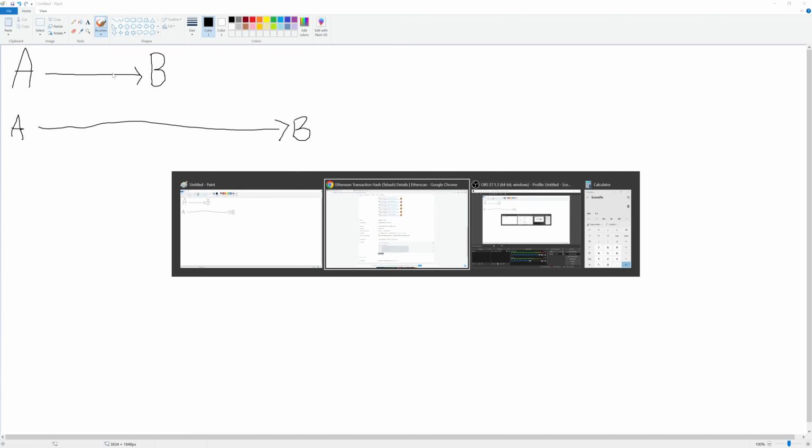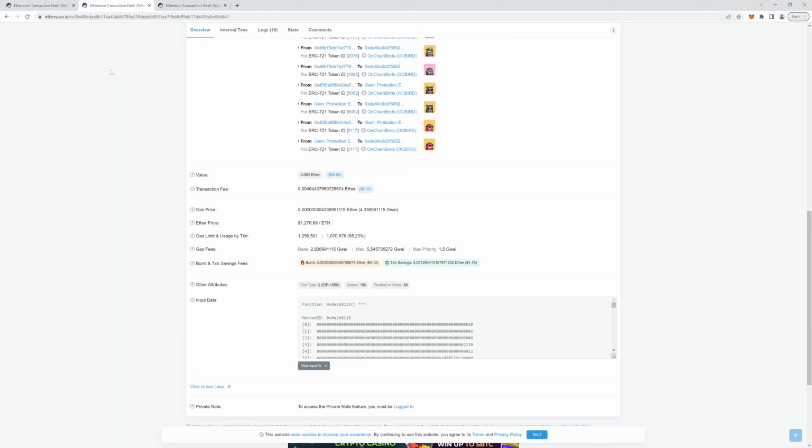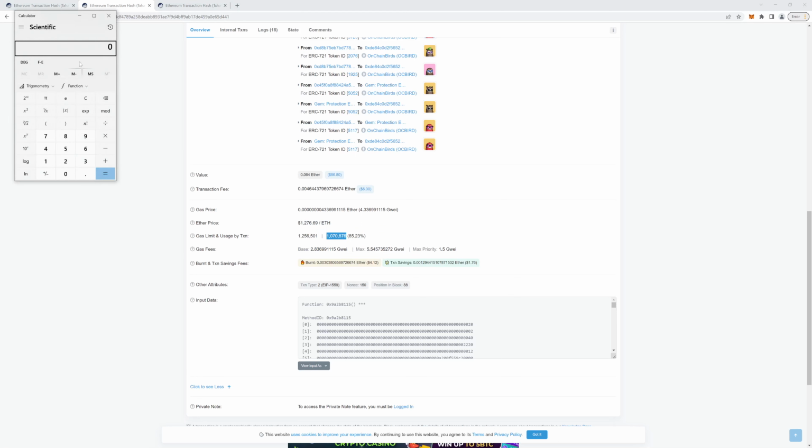So I'll show you how you can see it in this information. We've got this much gas units that have been used, so we'll just copy that and pop it into a calculator.